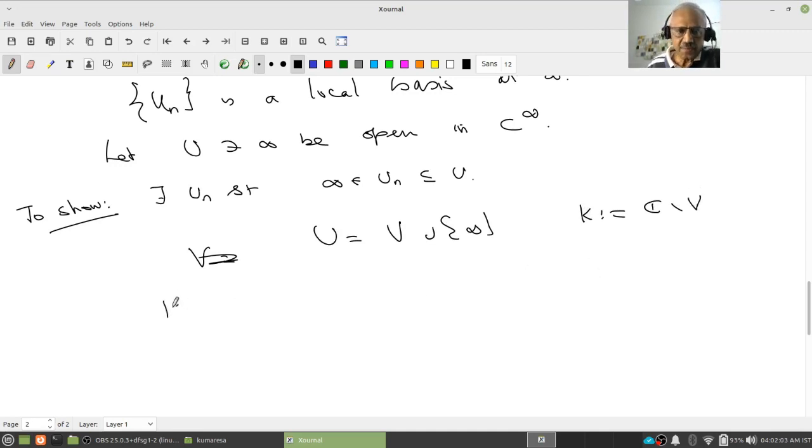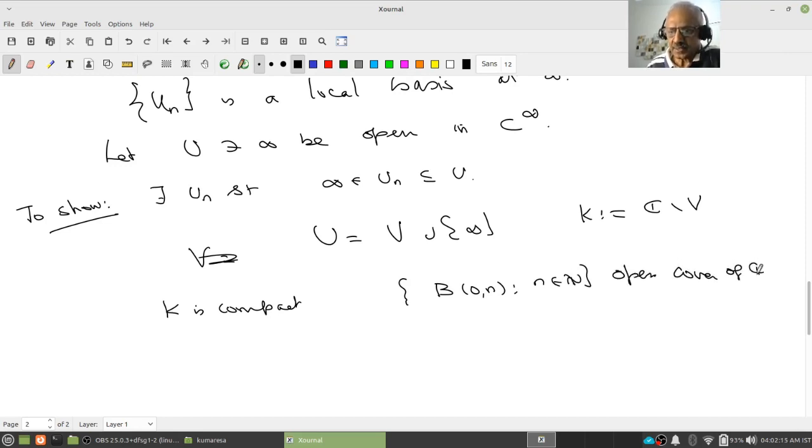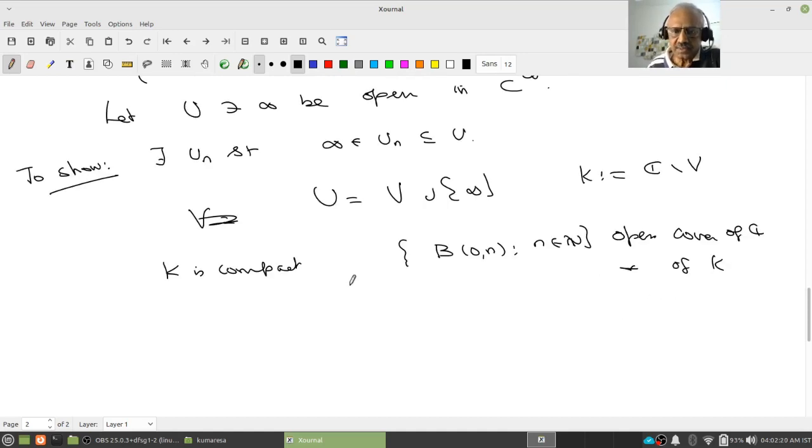Since K is compact, let's look at B0n, the open balls, as n varies. This is an open cover of C and hence of K also. And notice that this is an increasing cover, that is B0n is contained in B0R if n is less than or equal to R, where R is a natural number of course.